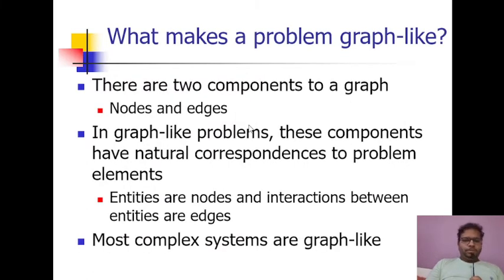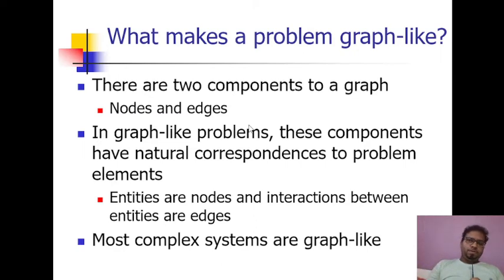Now what is graph theory, and how do we move forward? Graph theory has two basic components: nodes and edges. We have complex systems, or graphs, in our day-to-day life.